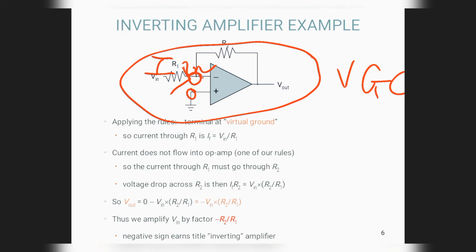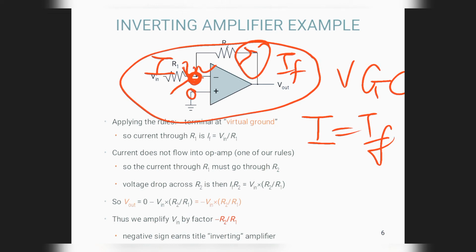So if this potential is grounded or 0, it means this point has potential equal to 0, and we can write I is equal to IF. The IF current is running across this terminal, that is the feedback terminal. So IF can be given by V in by R1. So the current through the R1 terminal is given by IF is equal to V in by R1.